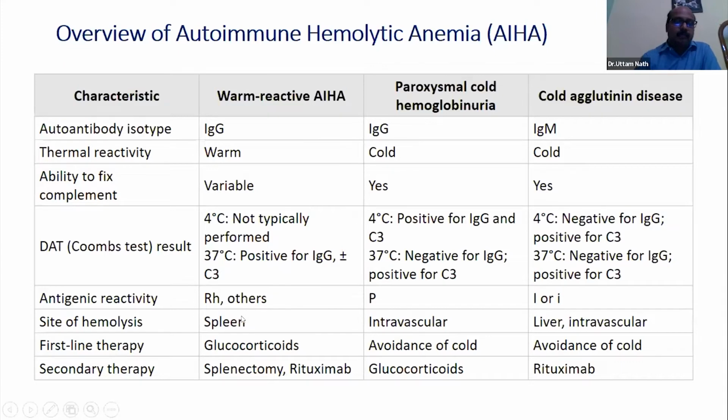In warm AIHA, mainly the spleen is the site of extravascular hemolysis, whereas in cold agglutinin disease, extravascular hemolysis occurs in the reticuloendothelial cells of the liver. Also, intravascular hemolysis, sometimes severe, can occur in both cold agglutinin disease and PCH. Treatment I will be coming to later.